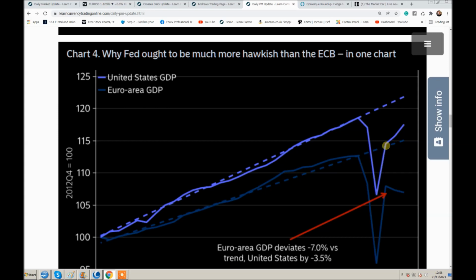Then we rebound from COVID and continue higher. Okay, so we should get back to trend. Look at Eurozone, goes up. Then the bigger drop. It's not as near to trend as the US. It's struggling. Okay, so that means, obviously again in terms of central bank policy, Eurozone cannot raise rates as quickly as the US going forward.